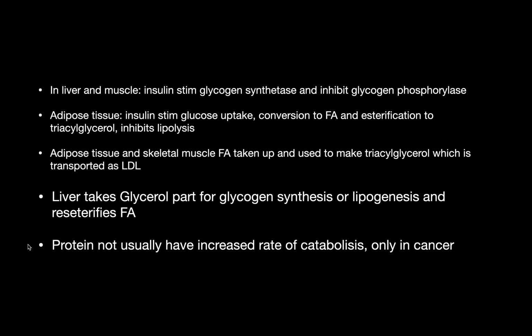So usually proteins don't have an increased rate of catabolism. It's fairly stable, unless you are purposely trying to bulk up. But proteins are generally just used and reused in a cycle. The concern is in cancer. Actually, let me restate this.